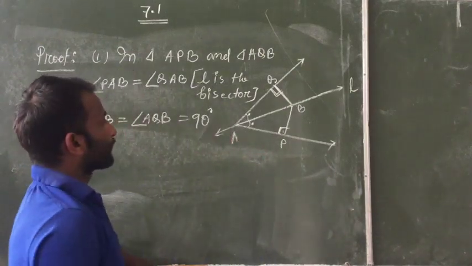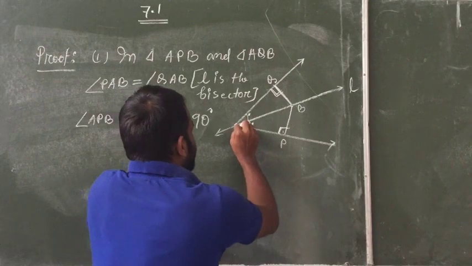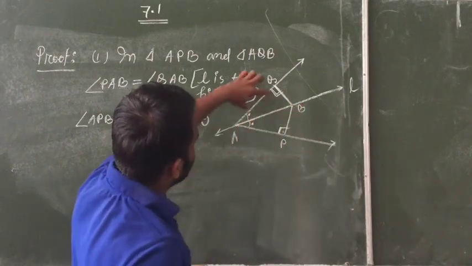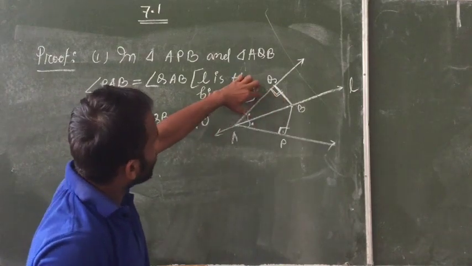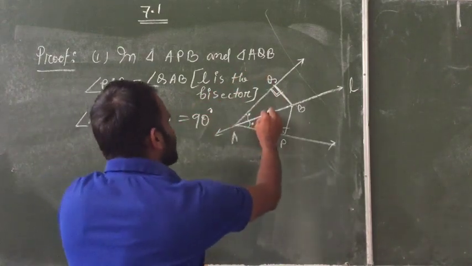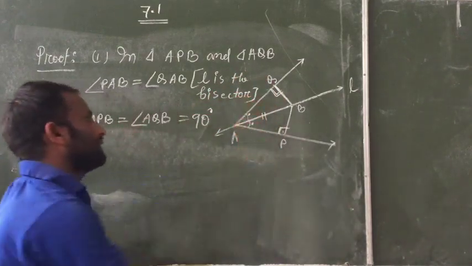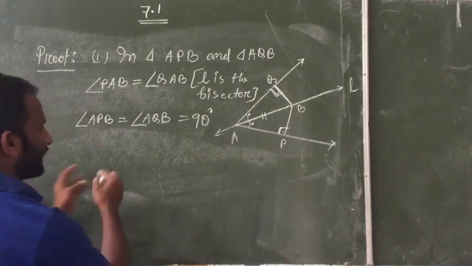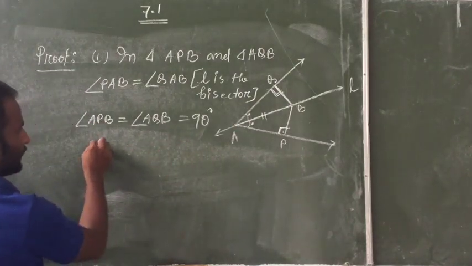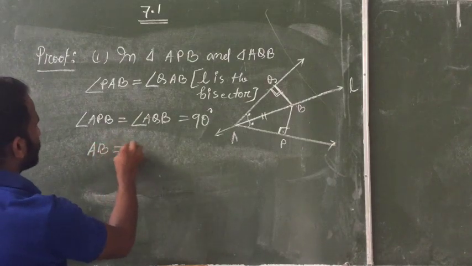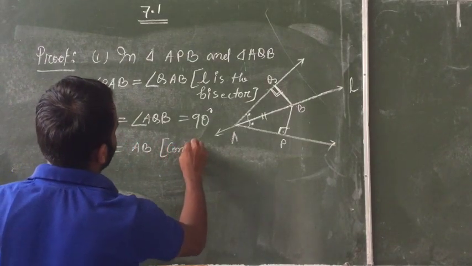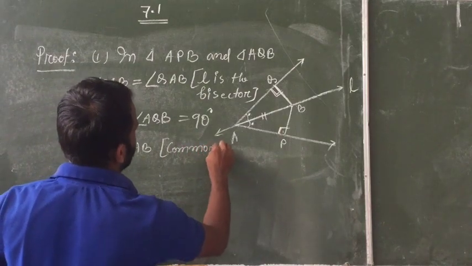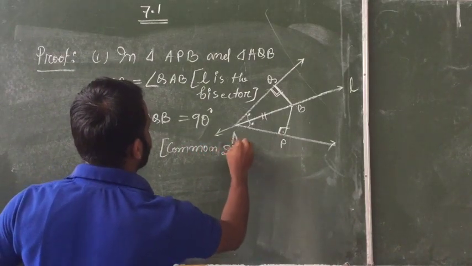And now see, side AB is present in both the triangles, in triangle APB also, in triangle AQB also. So this side is a common side. We can write AB is common side, or you may write AB is equal to AB, common side.